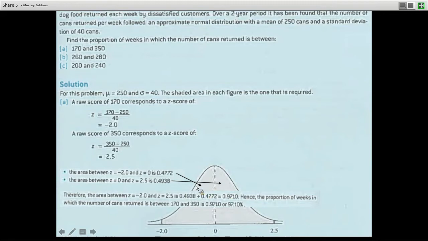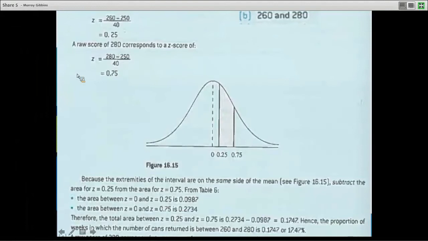So because it straddles the mean, we can add the two areas together. It's all of that area, the 0.4772, plus the 0.4938. So 97.1% of our data is between, or 97% of the time, proportion of weeks, we'd be returning somewhere between 170 and 350. Let's do the second one, 260 and 280 for B.